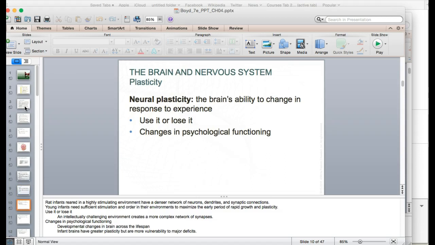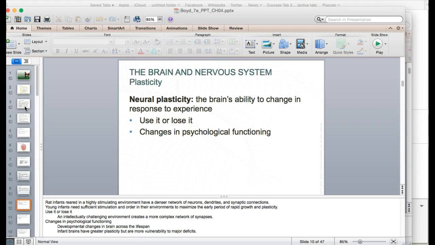Neuroplasticity. This is an interesting theme in response to childhood brain development. It's the brain's ability to change in response to experience. You either use it or lose it, and changes in psychological functioning. So the child's brain, like it says, has a lot of plasticity. So if something occurs to the child during a certain amount of time, children are very resilient, and they can bounce back in comparison to an adult.